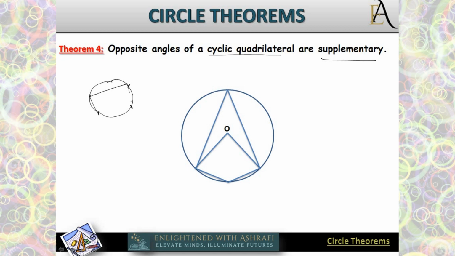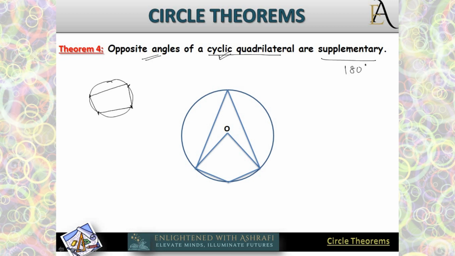That means they are present on the circumference of the circle. So if the quadrilateral is cyclic, then the opposite angles add up to 180 degrees.